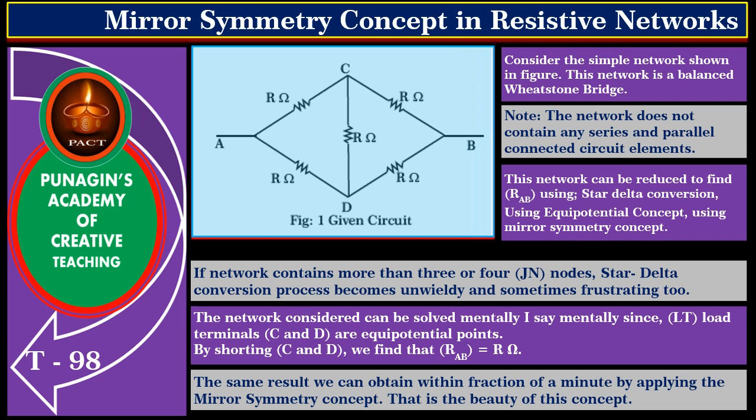I say mentally since load terminals C and D are equipotential points. By shorting C and D, we find that RAB is equal to R ohm. The same result we can obtain within a fraction of a minute by applying the mirror symmetry concept. This is the beauty of the mirror symmetry concept.